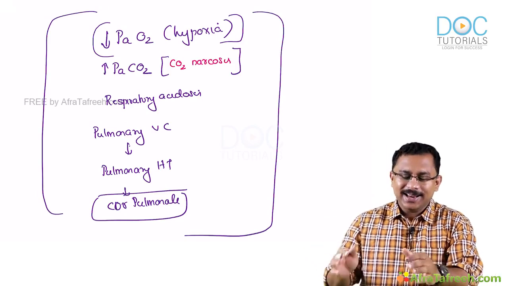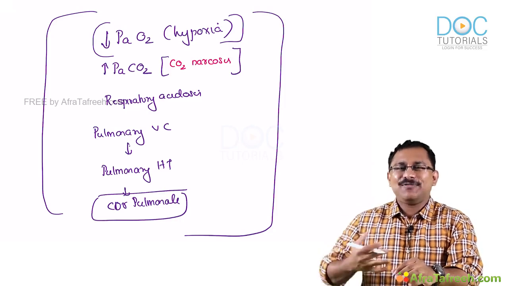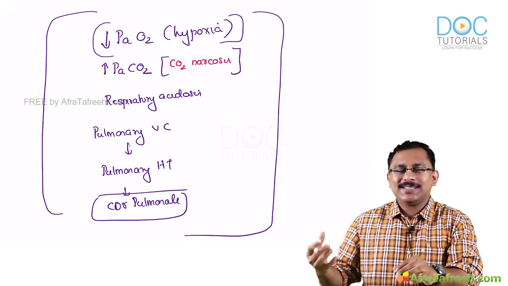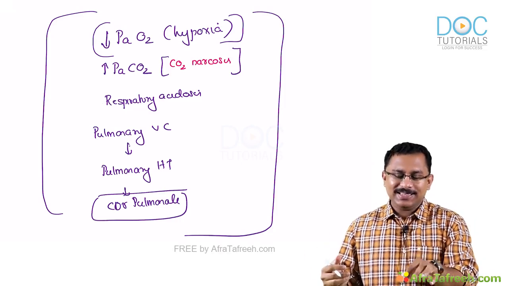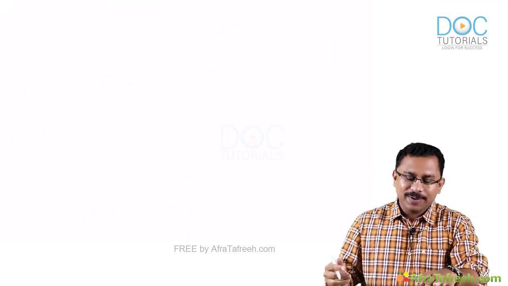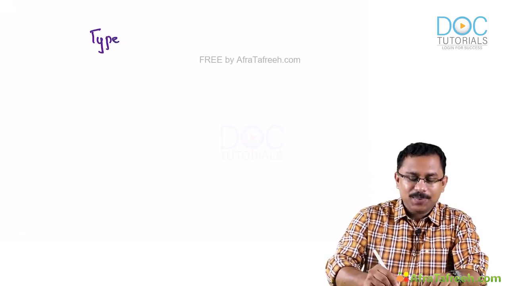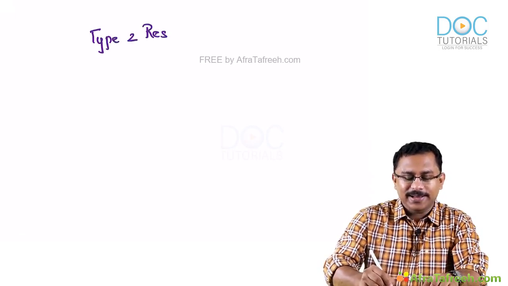Okay. You see here what type of respiratory failure will happen if a chronic bronchitis progresses. Remember, it is decreased PaO2 and increased PaCO2. So remember, chronic bronchitis is likely to have a type 2 respiratory failure.